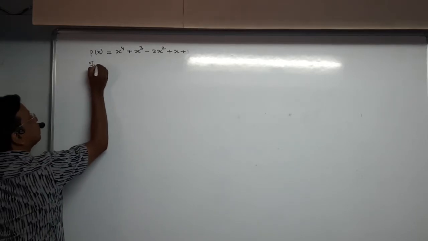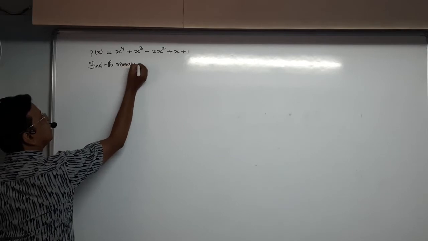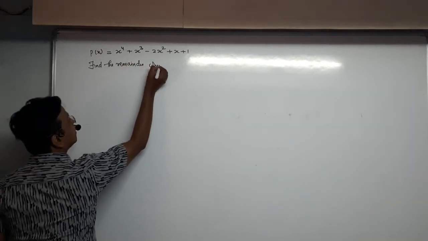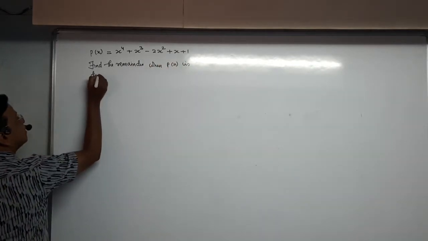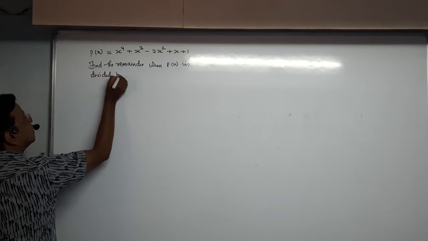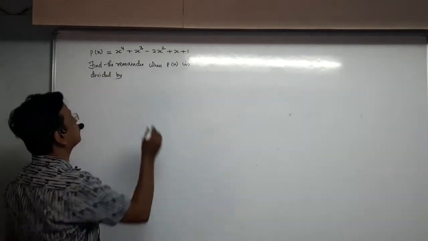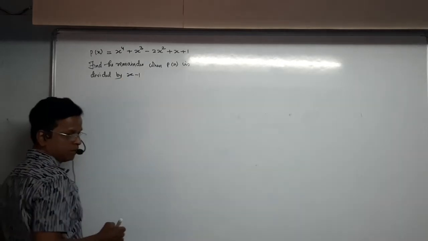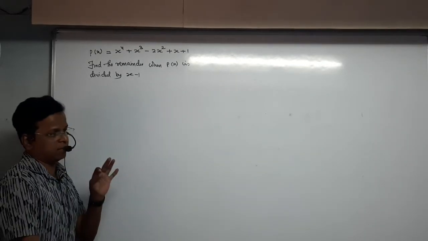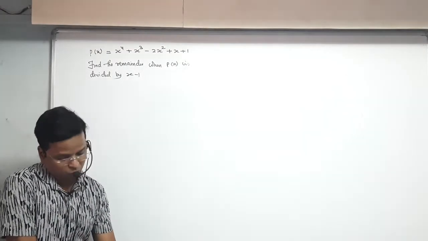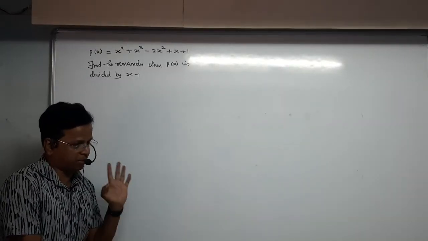Now they are telling you to find the remainder when P of x is divided by x minus 1. We have to find it. See, the same thing whatever we have done in exercise 2.2 will be done over here, except a slight variation in the presentation.